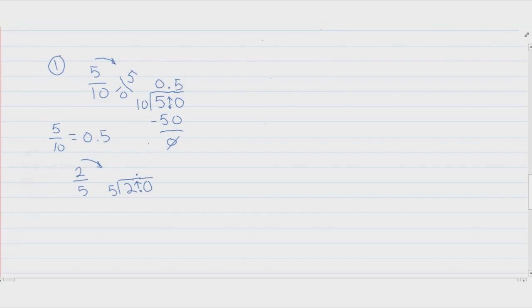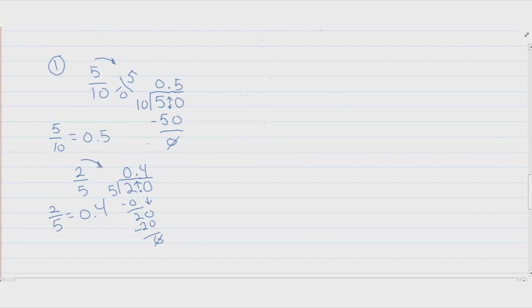And now you can divide. So the 5 is bigger than the 2, so you put a 0 here. Subtract. You bring down the 0. Can 5 go into 20? Yes. How many times? 4. 4 times 5 is 20. You subtract, you get 0. So 2/5, or 2 over 5, equals 0.4. See, this method is a good way of changing a fraction to a decimal.